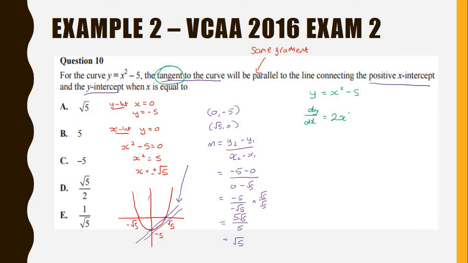And I want this gradient to be equal to the gradient of the other line we had before, so it needs to be equal to square root of 5. To get x by itself, I divide by 2 on each side, and so we get square root of 5 over 2. So our answer is D.